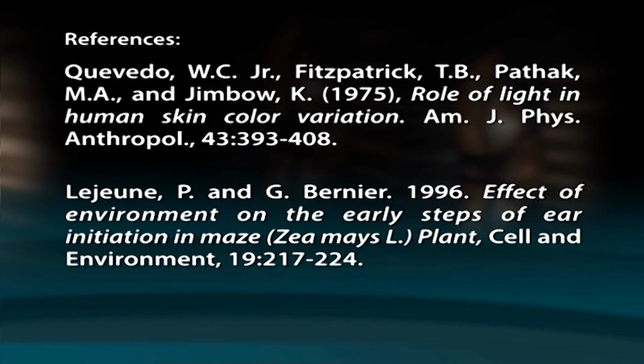Another publication is entitled Effect of Environment on the Early Steps of Ear Initiation in Maize, authored by Lejeune and Bernier in the year 1996, published in Plant, Cell and Environment. It is a very prominent journal. The volume number is 19, pages 217 to 224.